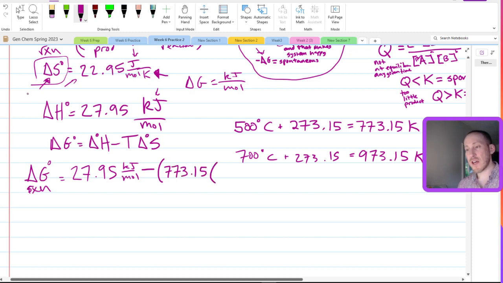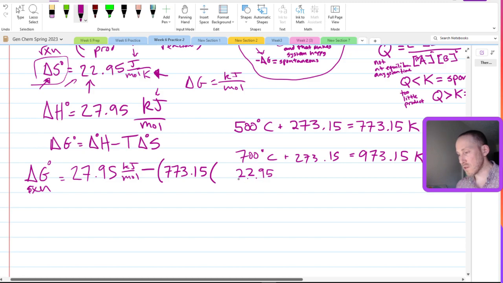And times the delta S that we found, but we have to convert it from 22.95 joules per mole. We have to convert that to kilojoules per mole. So if the decimal place would have started here, we have to move it over 3. So there's where it originally starts.